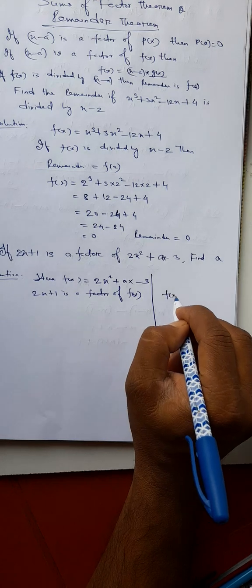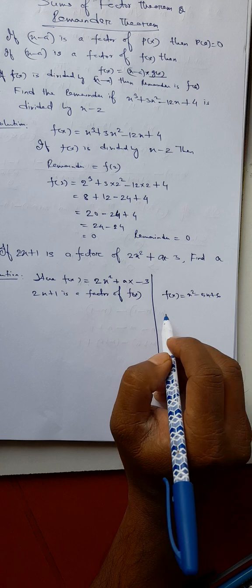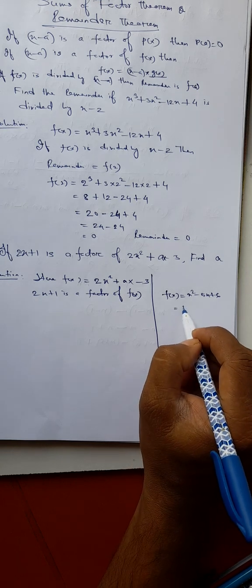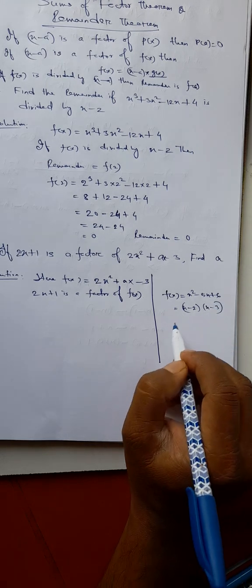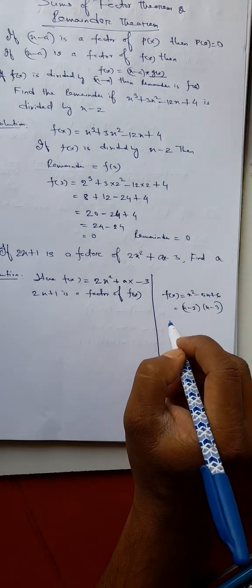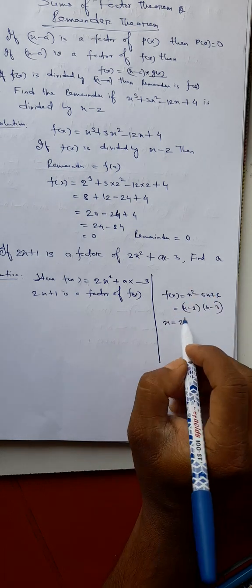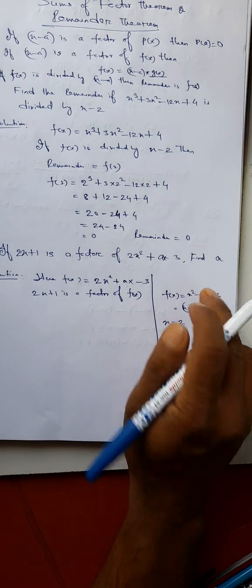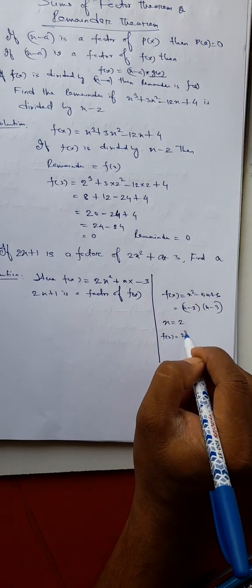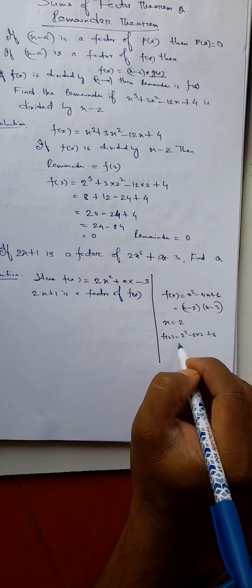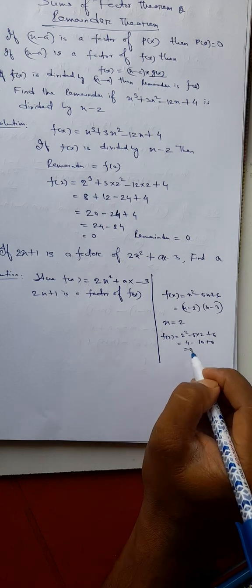Suppose f(x) equals x square minus 5x plus 6. Now if you factorize this, you get (x minus 2) into (x minus 3). Now x minus 2 is a factor of this polynomial. Therefore x equal to 2 will be a solution of this equation, right? If you put x equal to 2, you will get 0. Remainder equals f(2) equals 2 square minus 5 into 2 plus 6, 4 minus 10 plus 6 equal to 0.